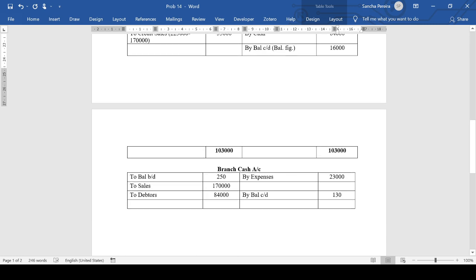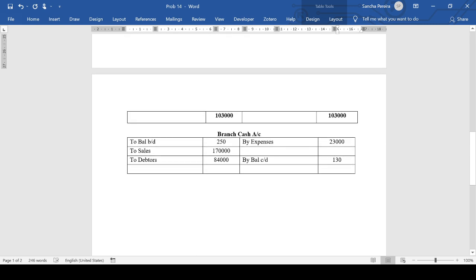Now coming to the cash account. If you look at the cash account, you had an opening balance of 250, a closing balance of 130. You have expenses 23,000, and you have an inflow of cash on account of cash sales and debtors. Now suppose we had sent this entire amount to the head office. 1,70,000 plus 84,000, you'll get maybe around 2,54,000.